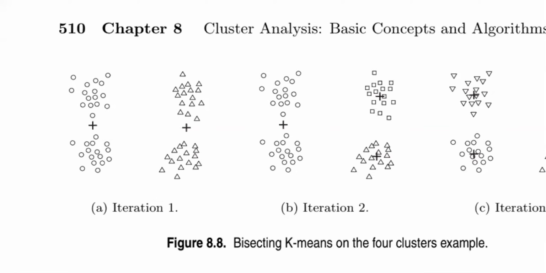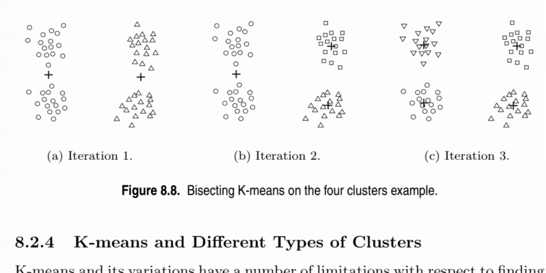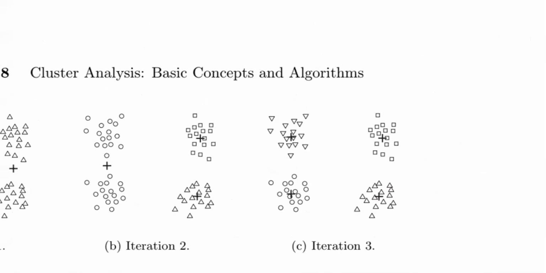Whichever centroid is closer, we take those data points, and the other cluster we have to represent, that is the circles with the triangle and square. Like this way, you have two iterations. You can find out the bisecting k-means of different clusters.